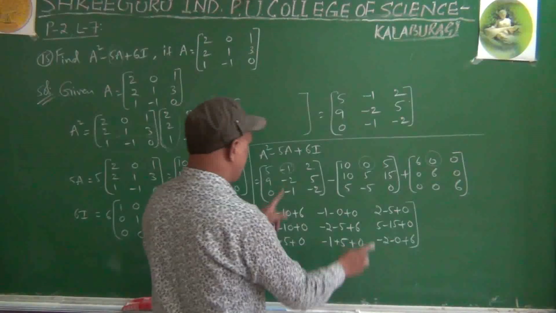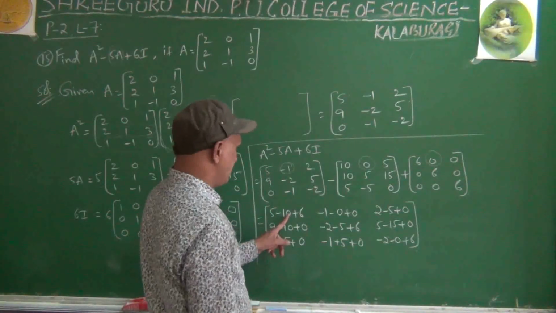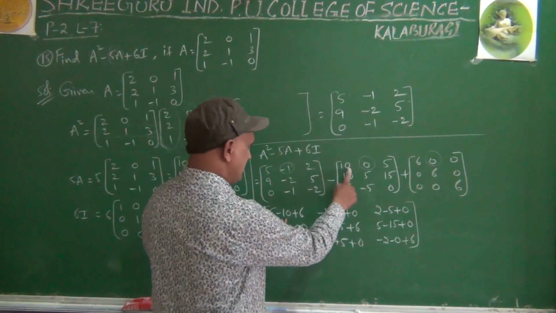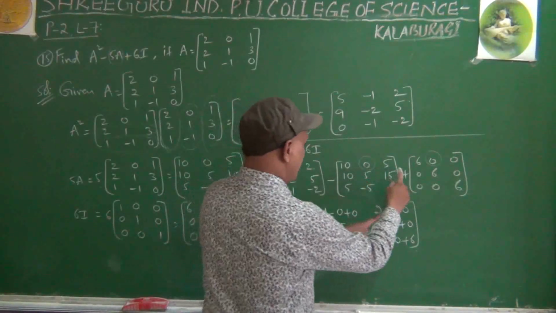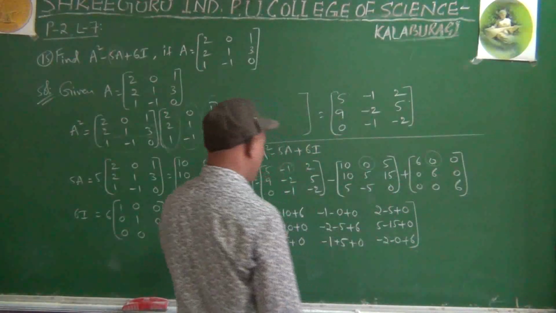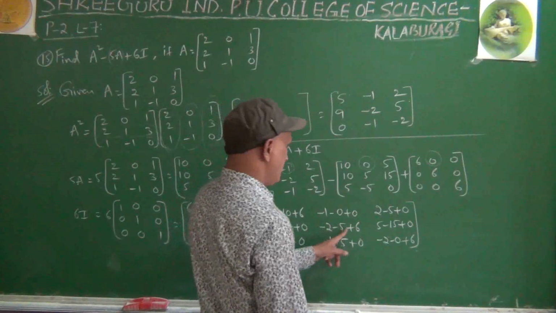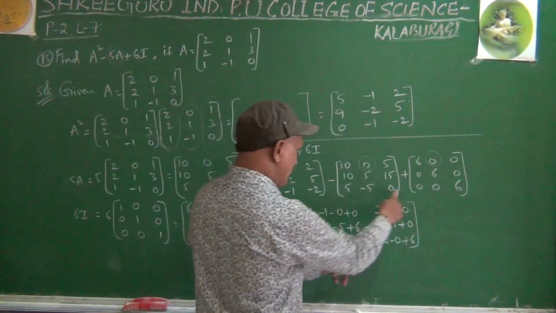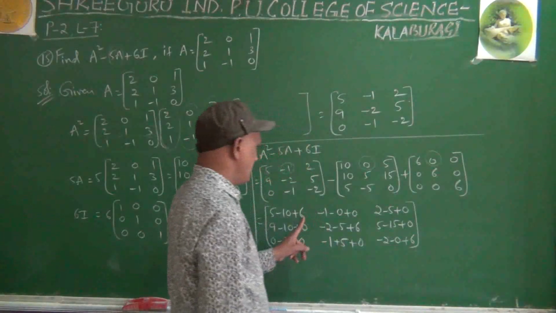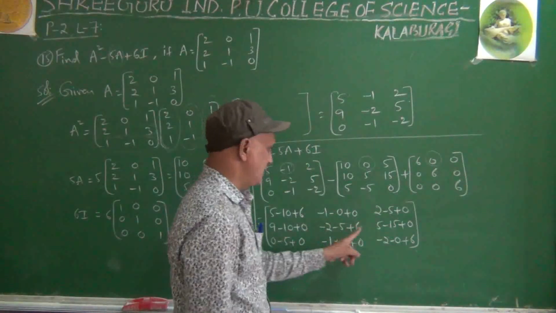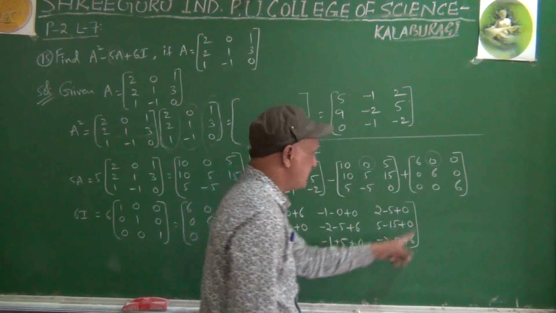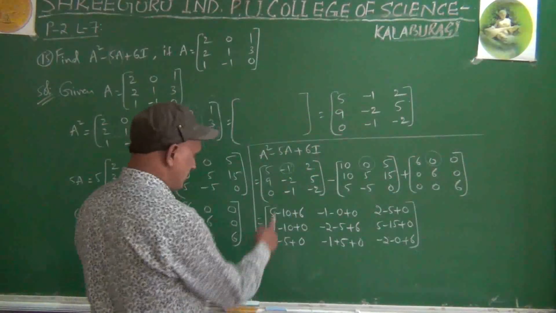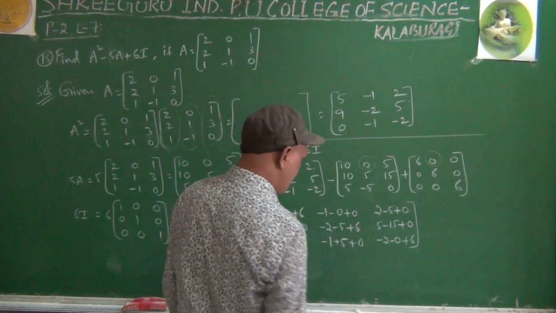Next, minus 10, minus 0, minus 5, minus 10, minus 5, minus 15, minus 5 plus 5. And 6, 0, 0, 0, 6, 0, 0, 0, 6. Nothing went wrong. Negative, positive, right.